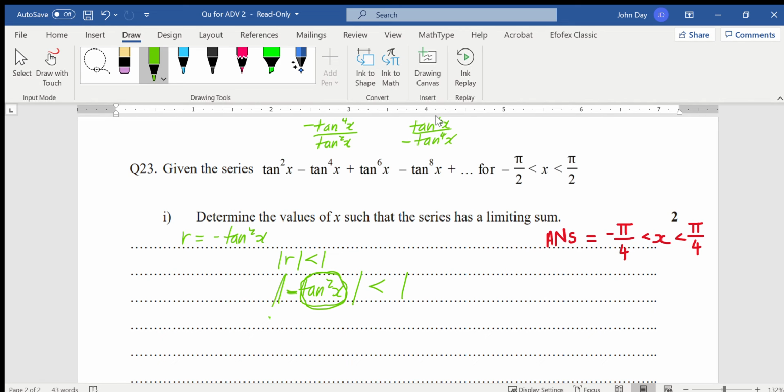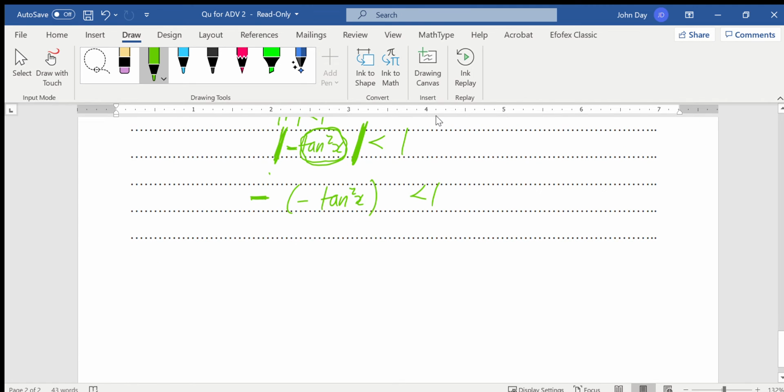So the way they'll work is they'll take the negative of negative tan squared x. That's what we've been asked about. And we can say, well, that's then just tan squared x is less than 1. All right, the square of tan x, whatever that might be, is less than 1 is what we're looking for.